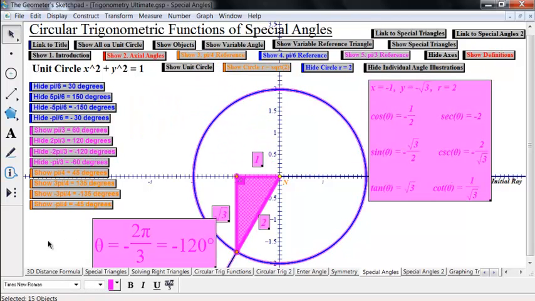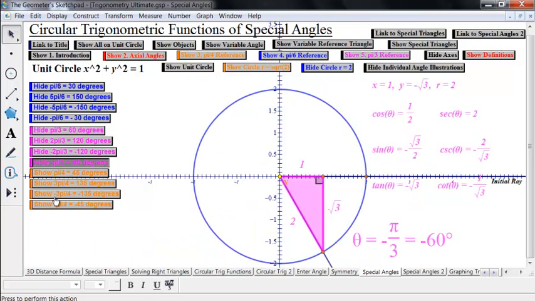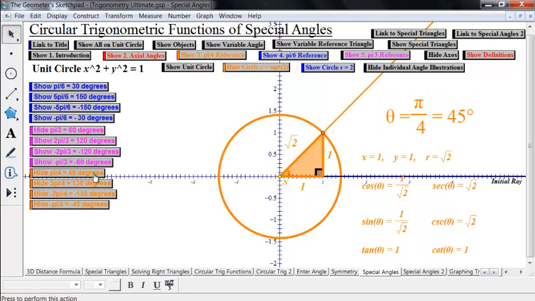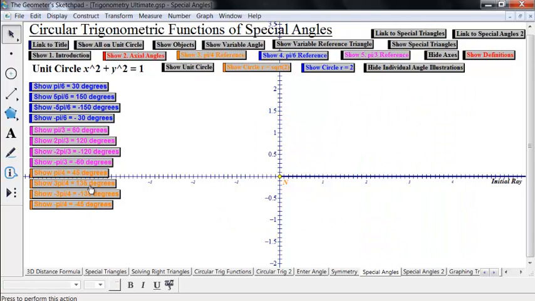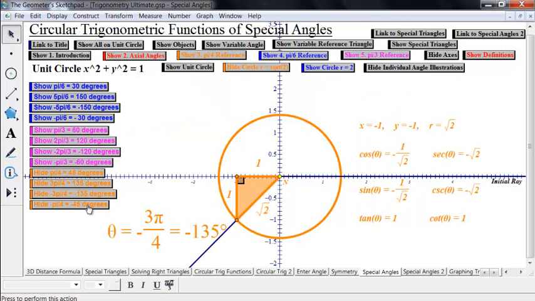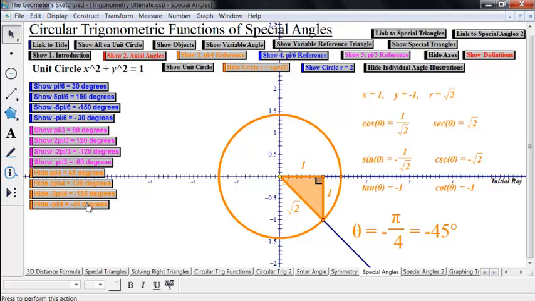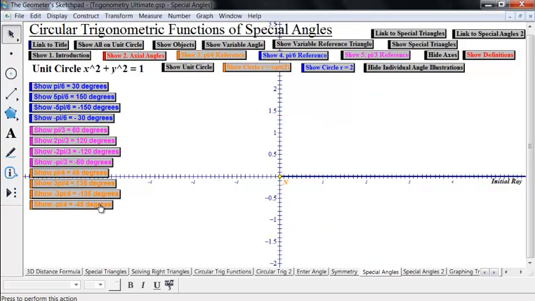There's negative 120 degrees. Negative 60 degrees. It's here. 45 degrees here. Negative 45 there. Negative 135. And 45 degrees. So you can see all of those individually. So if you want an illustration of one, you can do it from there.